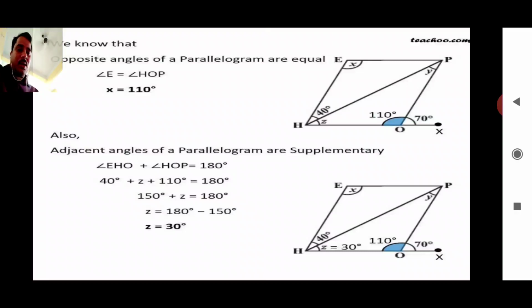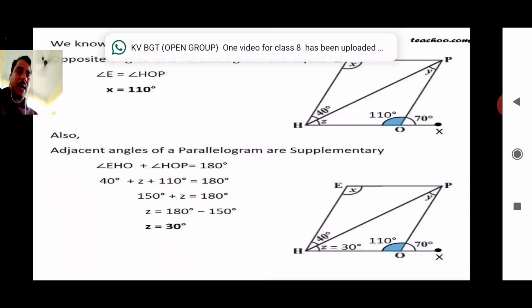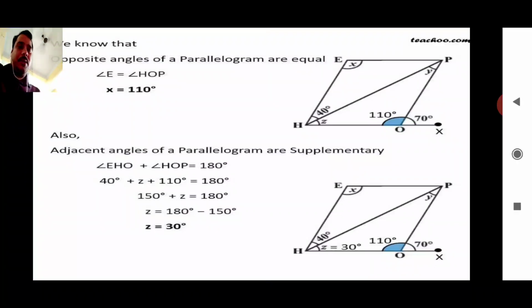So 40 plus z plus 110 equals 180. 40 plus 110 equals 150. 150 plus z equals 180. So z equals 180 minus 150, which is 30 degrees. Hence the value of x equals 110, y equals 40, and z equals 30 degrees.